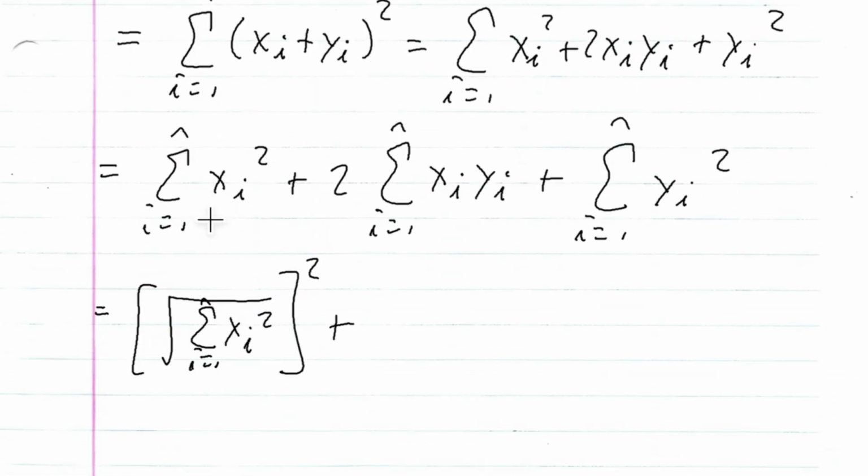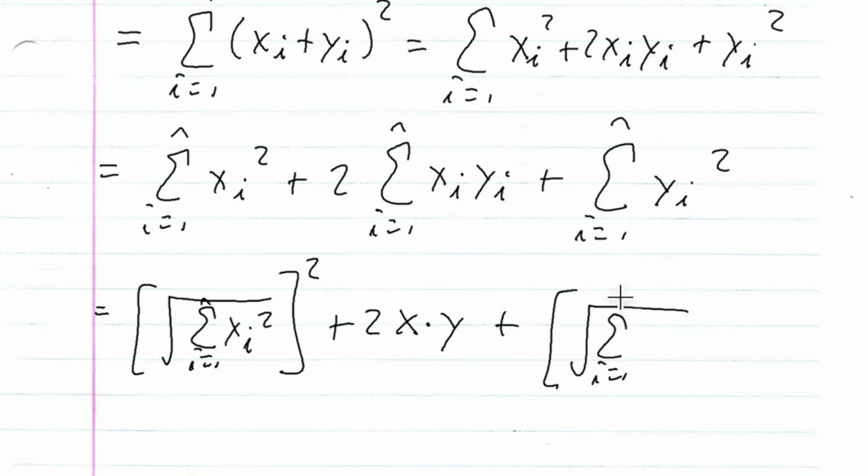So I'm just going to put that there. So plus 2 times x dot y. And then I'm going to do the same thing I did with the x sub i's here. Have that parenthesis, the square root, the sum from 1 to n of y sub i squared.